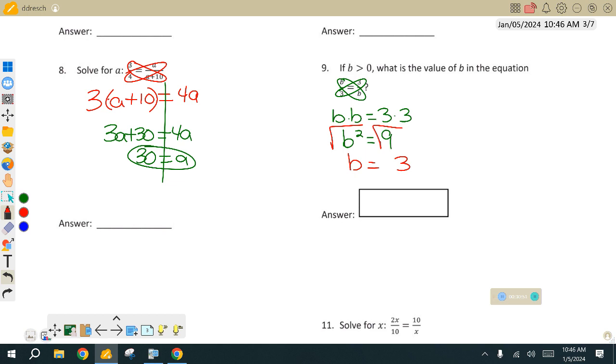B equals what? Negative. There you go. You got plus and a minus. Remember, in a quadratic, typically we get how many solutions? Two solutions, right? So we're going to keep both of them because this is a simple algebra equation. It's not Pythagorean theorem, it's not a triangle or anything like that.